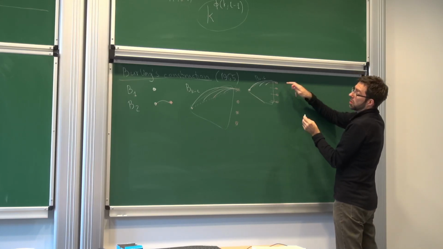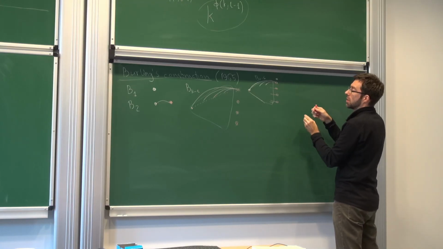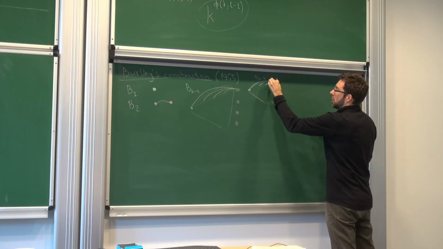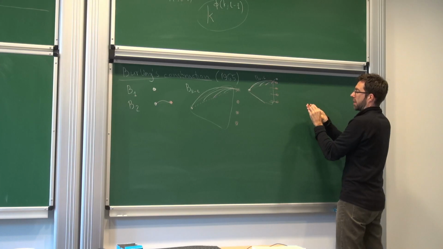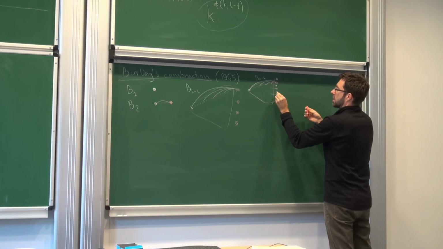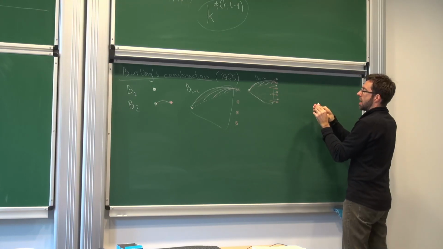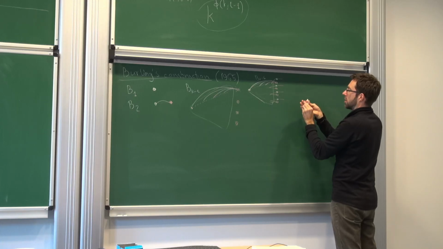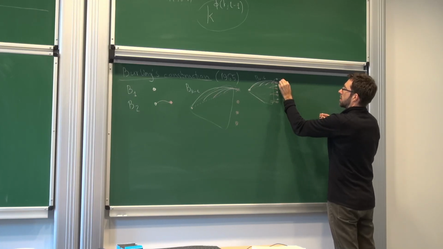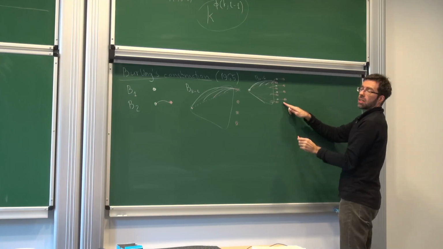So for each of those leaves, I'm going to take a copy of that leaf, which will be connected to the same parent in the tree. And then there will be one more leaf attached to this. So the red edges are the edges of a tree. They are not yet the edges of the graph.